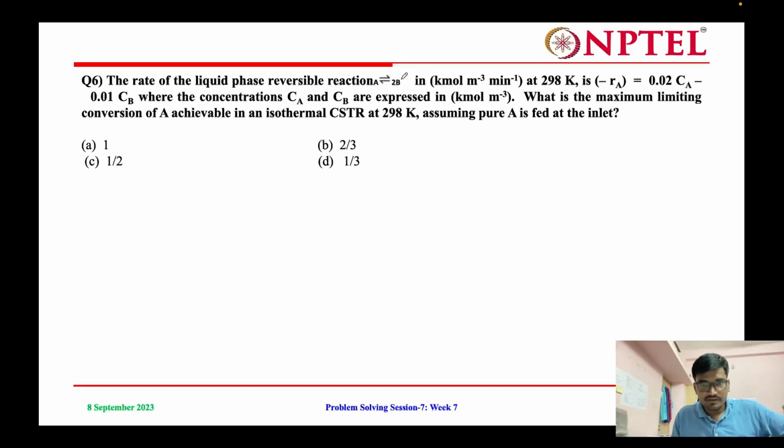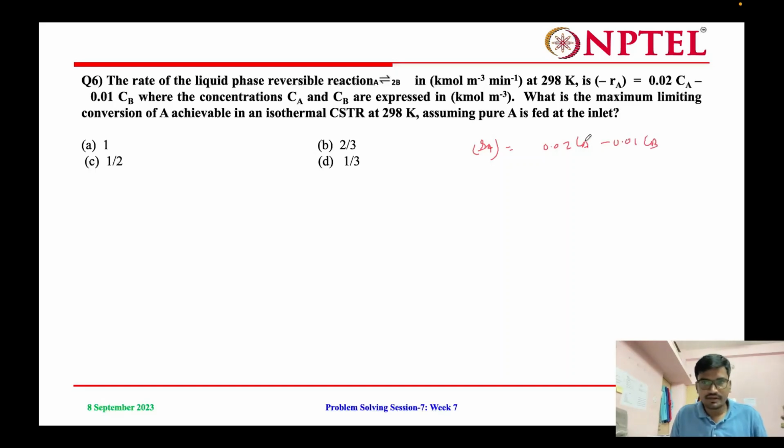Right, here is the reaction given and the rate equation given. So we have to calculate the conversion. Here is the rate equation 0.02 Ca minus 0.01 Cb.